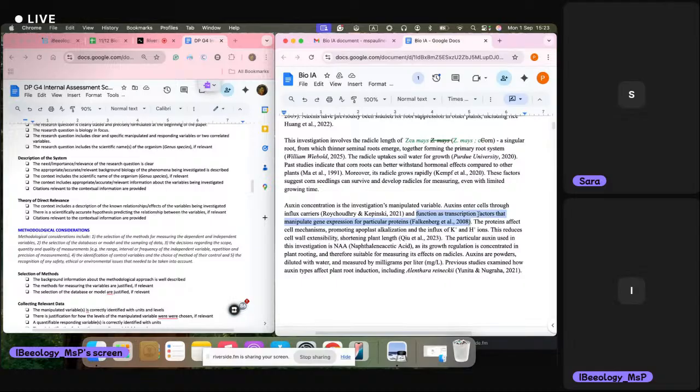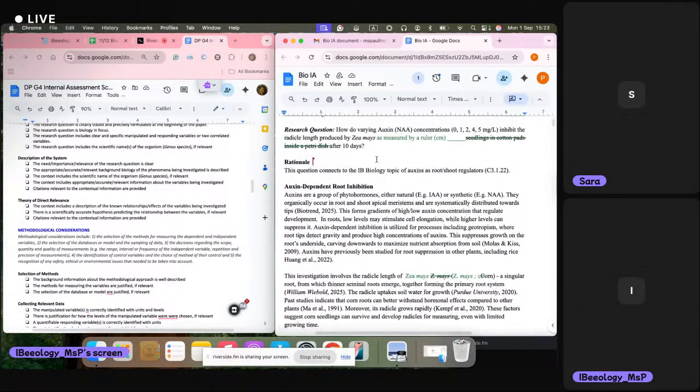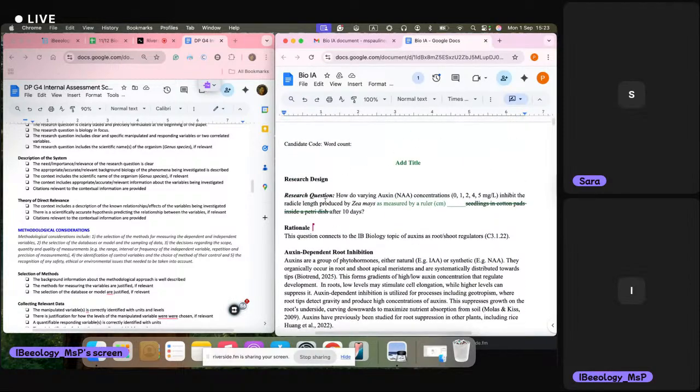I see the hesitance. So, again, let's look back to your research question because you said, how do varying auxin concentrations inhibit radicle growth? So you need to review again, because this is what we're going to look at in your conclusion, right? We have to go back to your research question: are you answering how the varying auxins inhibit radicle growth?